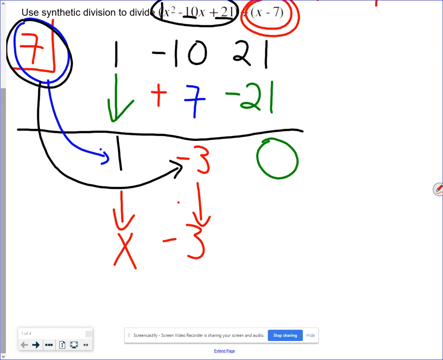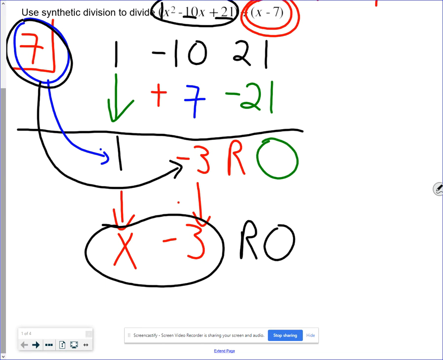The last number here on the far right is our remainder. In this instance, it's 0, so we don't have to write anything. So our quotient here would be x minus 3. So that's how we would do synthetic division in this instance.